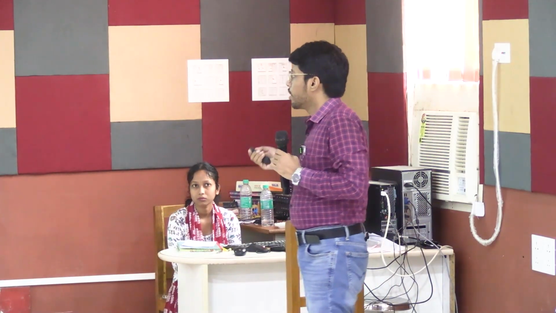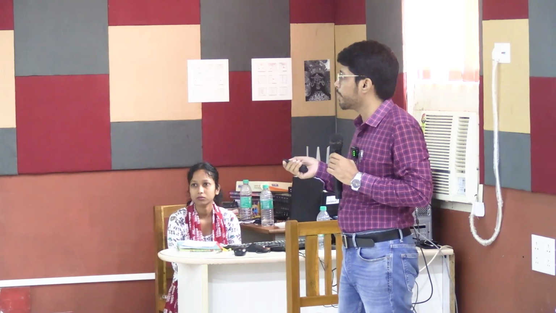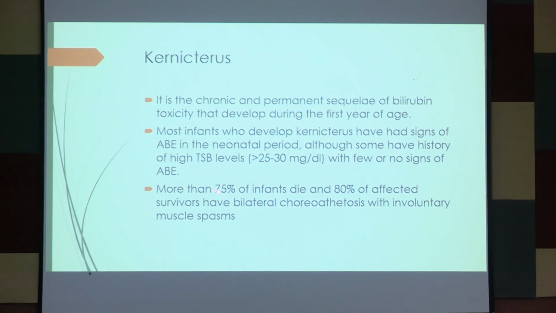Now, Kernicterus is a more severe and permanent form of acute bilirubin encephalopathy. Most infants who develop Kernicterus had signs of acute bilirubin encephalopathy in the neonatal period, and more than 75% of infants die and 80% of affected survivors have bilateral choreoathetosis with involuntary muscle spasm.